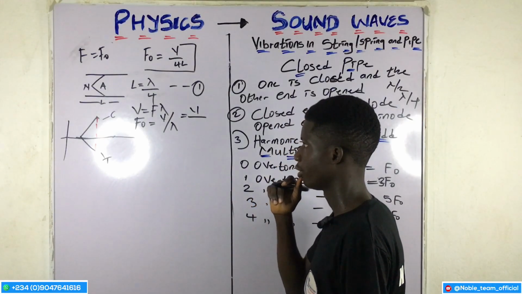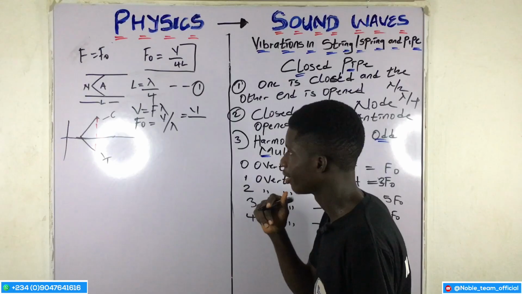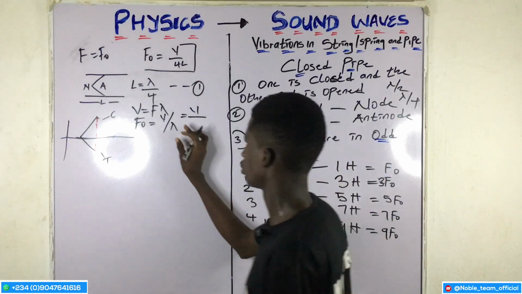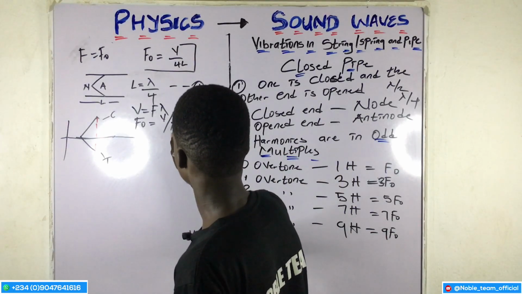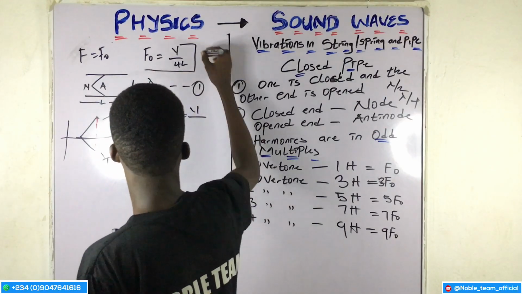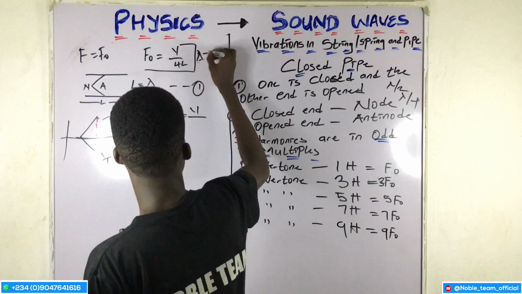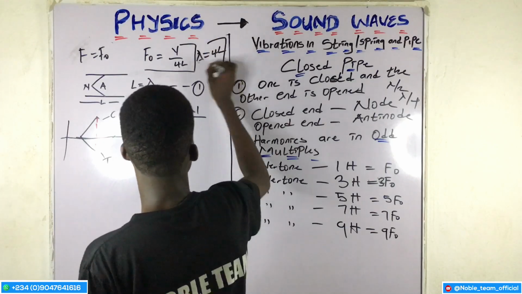Listen, my lambda is what? Is equal to 4L, because if I make this the subject of formula, my lambda is equal to 4L. Okay, good.